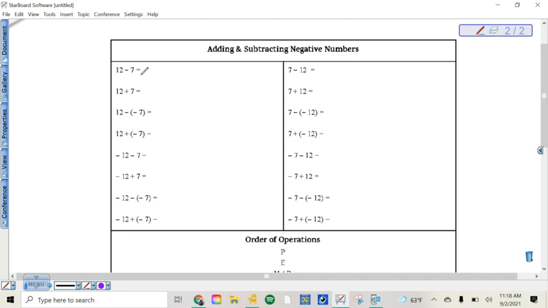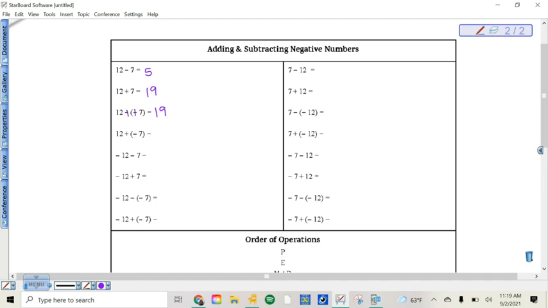So 12 minus 7. 5. 12 plus 7. 19. 12 minus negative 7. 19, right? Because if I'm subtracting a negative number, both of them turn positive. So this is just an addition problem.